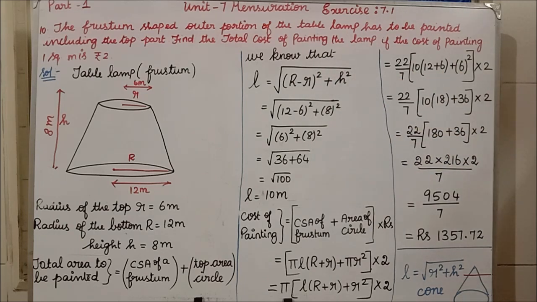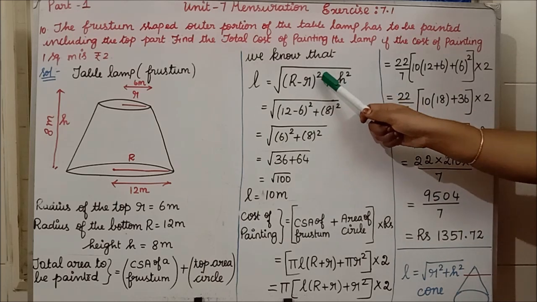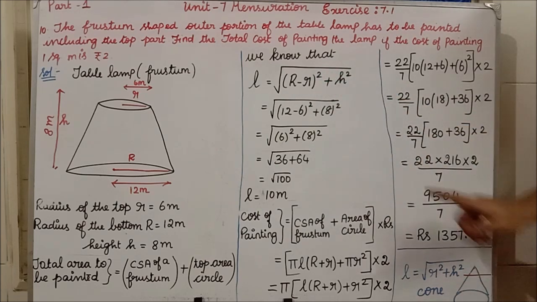Because in a frustum we are having two radii. Only if you subtract capital R minus small r, we will get the radius, isn't it? So that we are squaring, and plus H square I am writing as such. Clear now about the frustum?